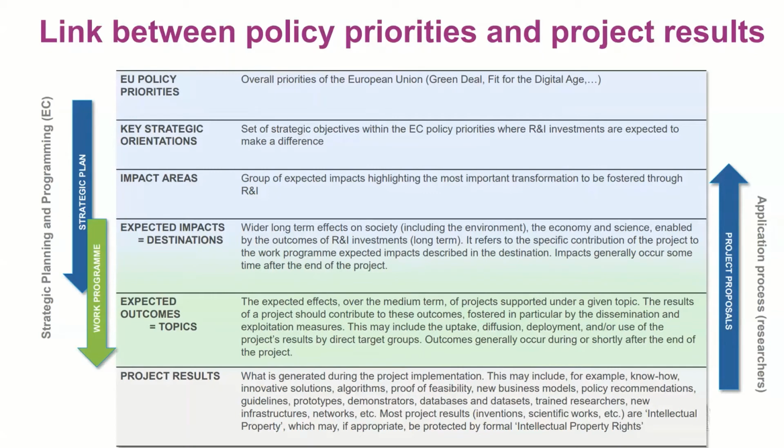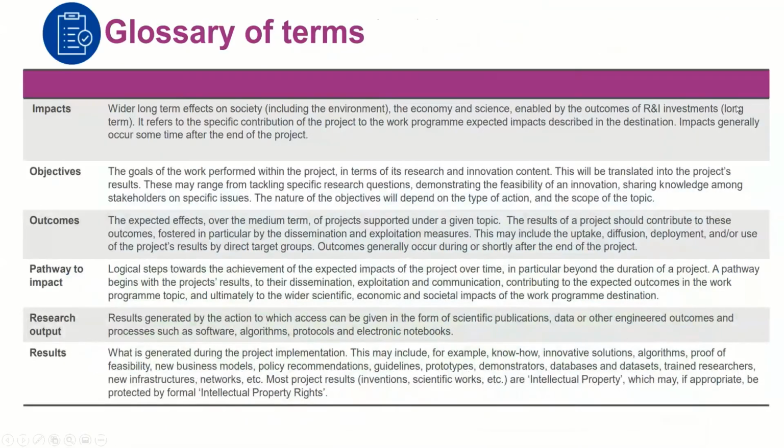There will be expected impacts, called destinations in this program, and expected outcomes, the topics, that will match with the project results coming at the end of every project. Here we have some glossary terms, an idea about what we request from the different projects: impacts, objectives, outcomes, pathway to impact, research output, and results.